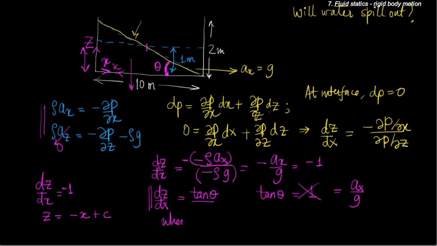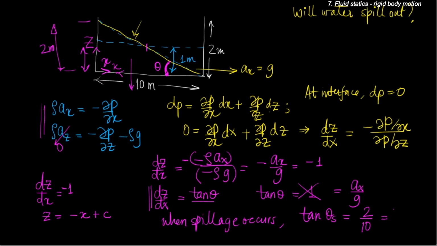So when spillage occurs, tan theta will be equal to 2 meters height divided by the length of the tank. So for spillage, tan theta will be equal to 2 upon 10. This is equal to 0.2. This is equal to ax upon g.